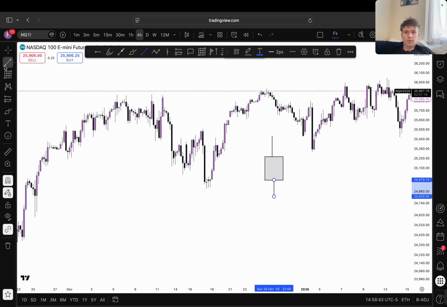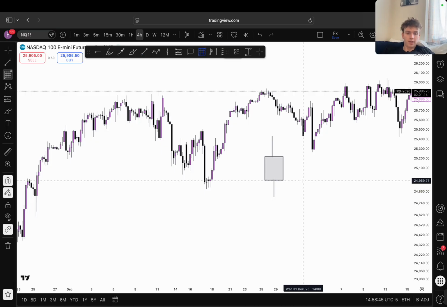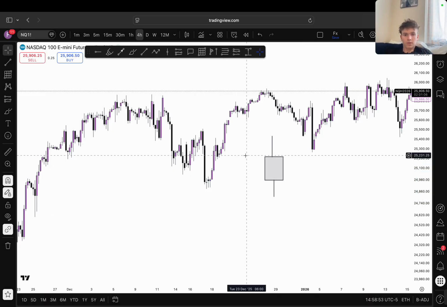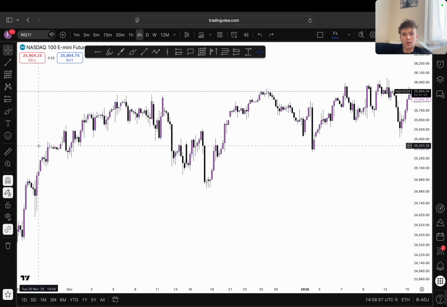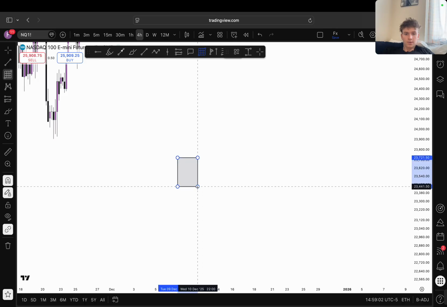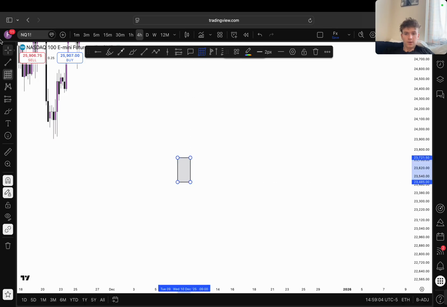So a fair value gap occurs when there are 3 candles, okay? I'll just draw it out for you. This is candle number 1. This is candle body number 1, right?